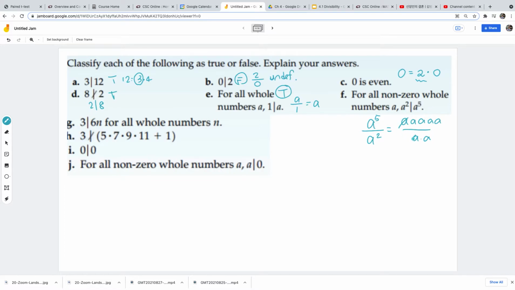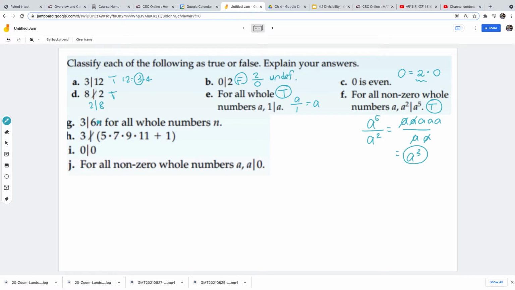You can cancel these A's out, and you have A cubed. So yes, there is a quotient when you divide A to the fifth by A squared. So A squared does divide A to the fifth, right? So it is true.